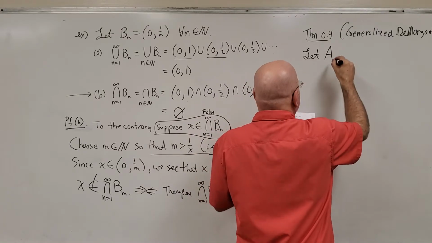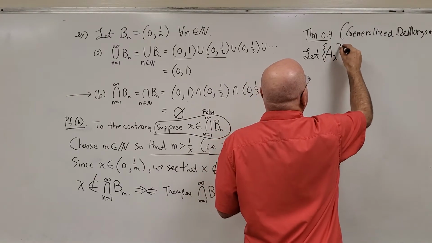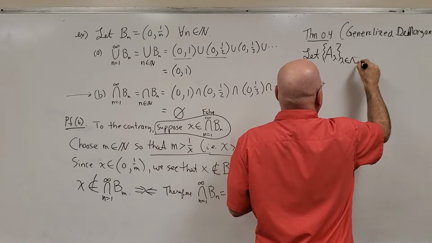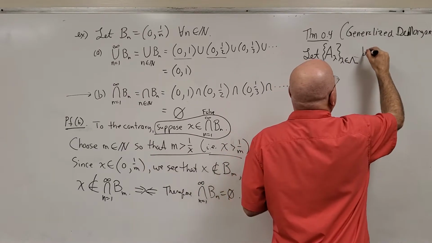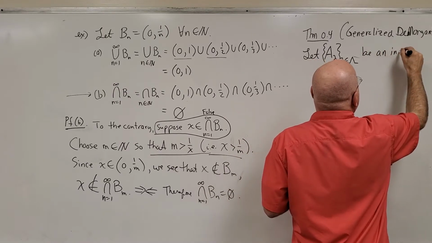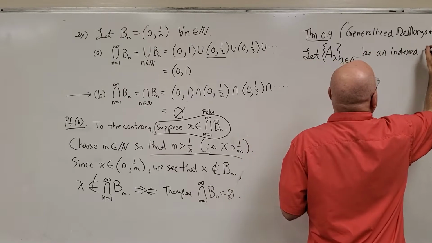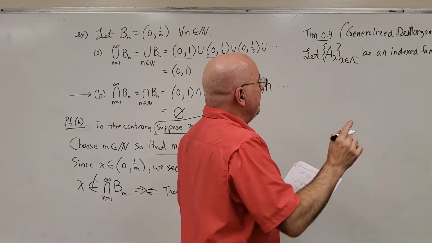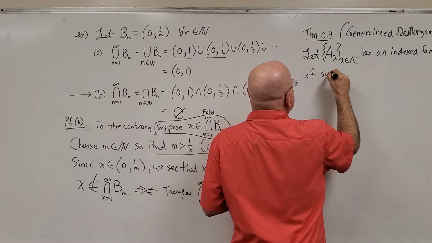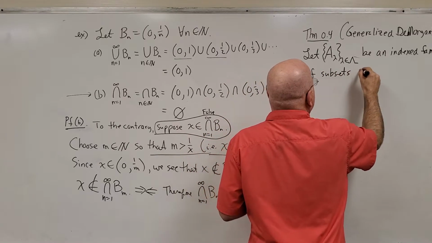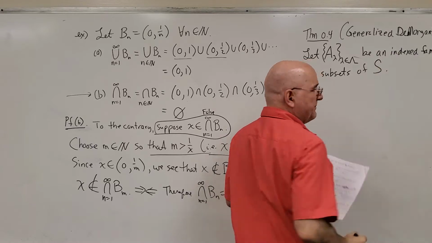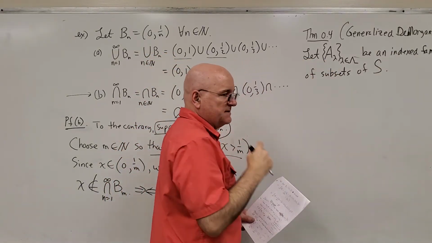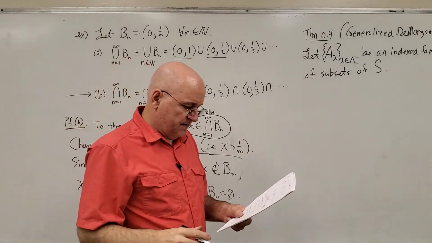Let A sub lambda, for all lambdas in capital lambda, be an indexed family. I'm not just going to say of any sets, but of subsets of the set capital S. So every one of these A sub lambdas is a subset of capital S.